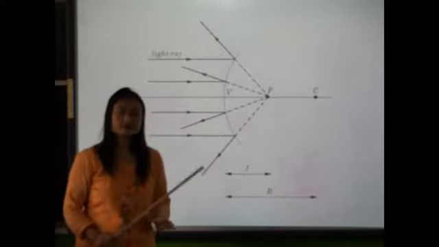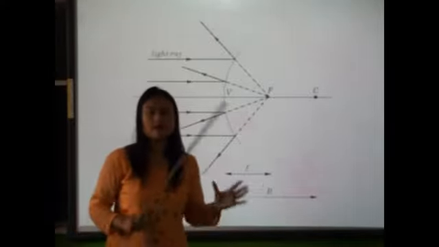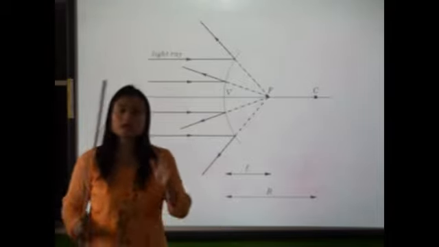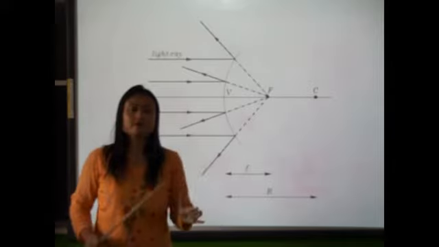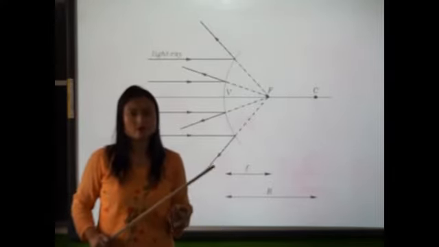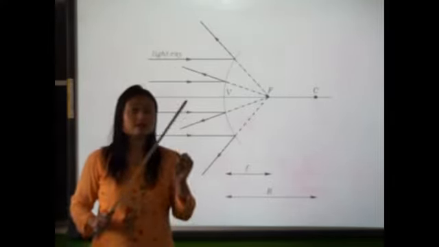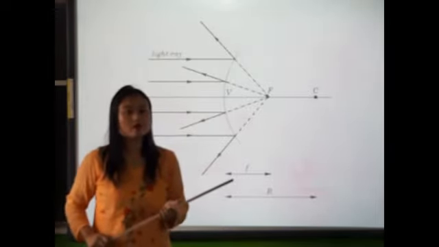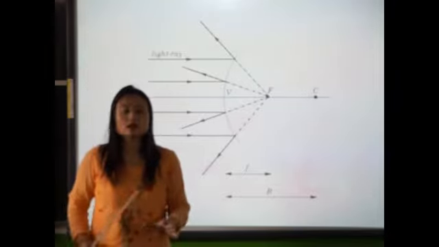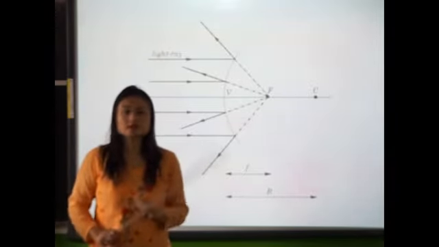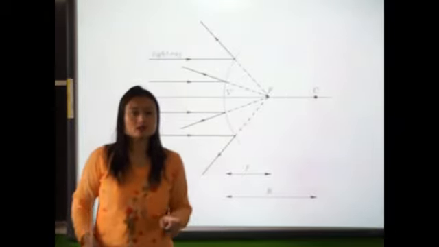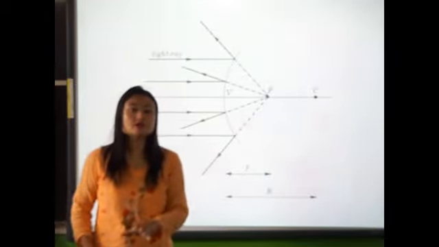So the difference between focus in concave and in convex is this: in concave, the reflected rays actually meet at a point. That is your focus. Whereas in convex, the reflected rays do not meet, but meet when they are produced backwards.